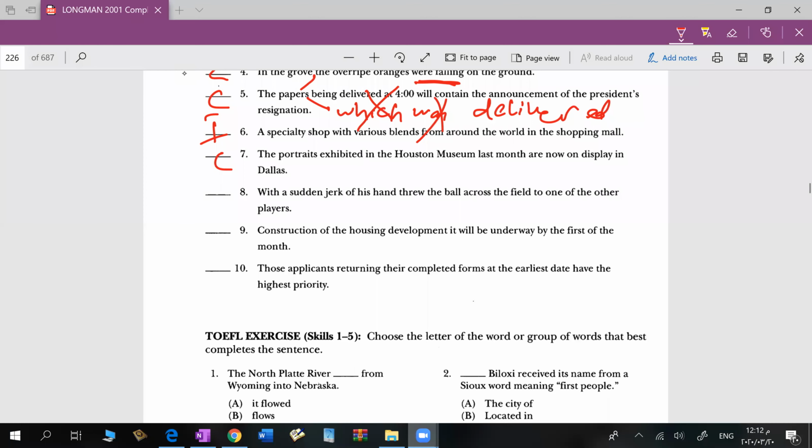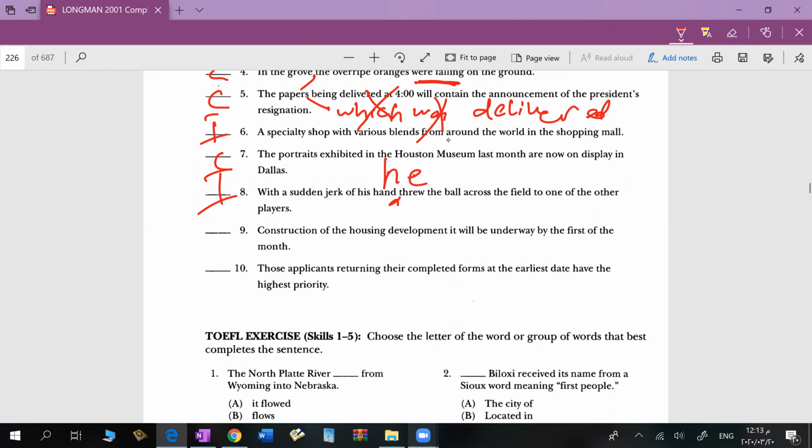I think it's incorrect, because there is no subject. No subject. With a sudden jerk of his hand, this is a prepositional phrase. Through is a verb. So what is the subject? How can we make it correct? He threw. With a sudden jerk of his hand, he threw the ball.